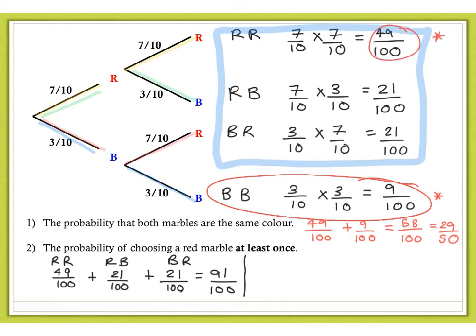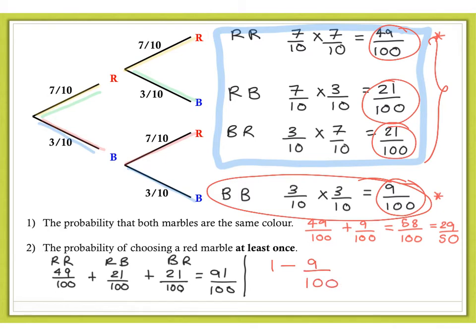So their probabilities must total 1, which means an alternative way of working out the combination of these three probabilities is to do the calculation 1 take away 9 over 100, which comes to 91 over 100. So there's an alternative and slightly quicker way of getting to the same answer.